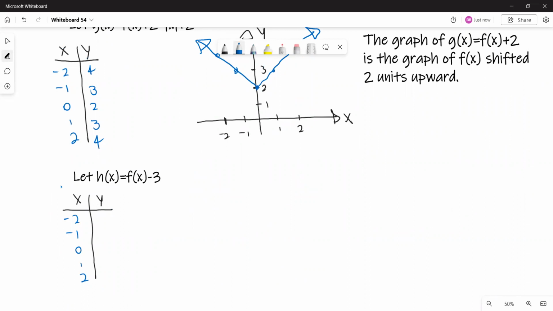So 2 minus 3 is -1. 1 minus 3 is -2. 0 minus 3 is -3. 1 minus 3 is -2. And 2 minus 3 is -1. Okay, let's sketch the graph.